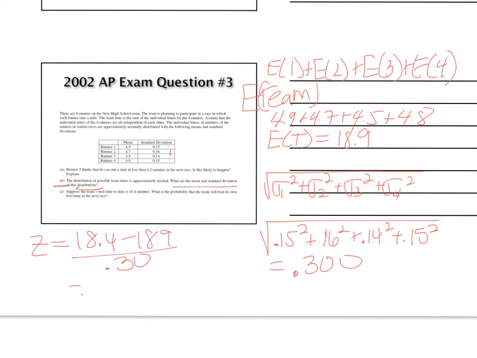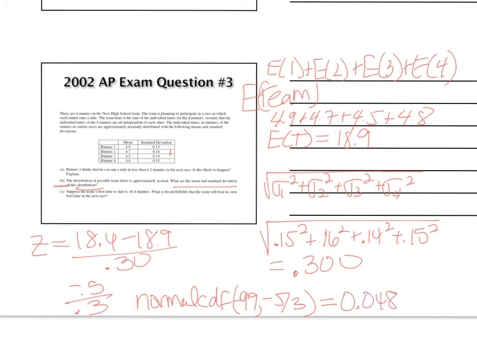So that's negative 0.5 over 0.3. And then we use normal CDF. We're talking about beating that time, which is less than, so negative 99, comma, negative 5/3. When we do that in our calculator, we get 0.048. So the probability of them beating their best time to date is pretty low.